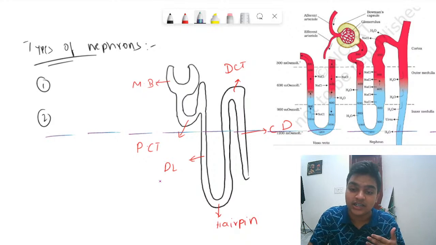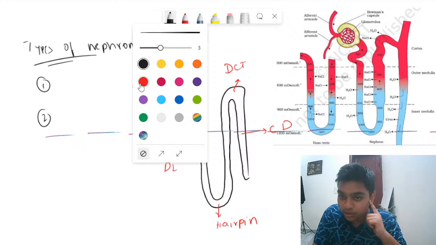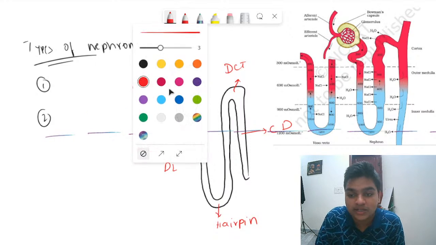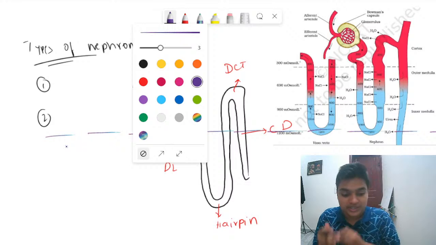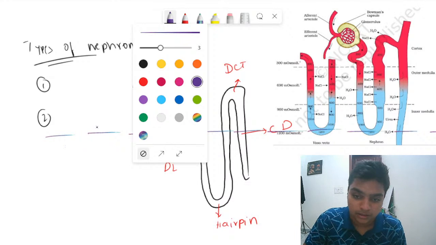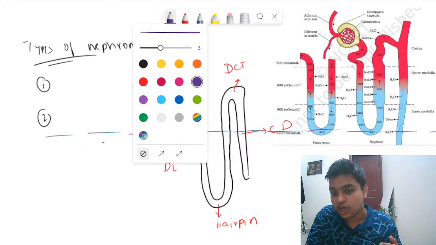This partition separates the medulla from the cortex, guys. I have already taught you in the first lecture that the kidney has two parts, the medullary part and the cortex part. So this line separates both.